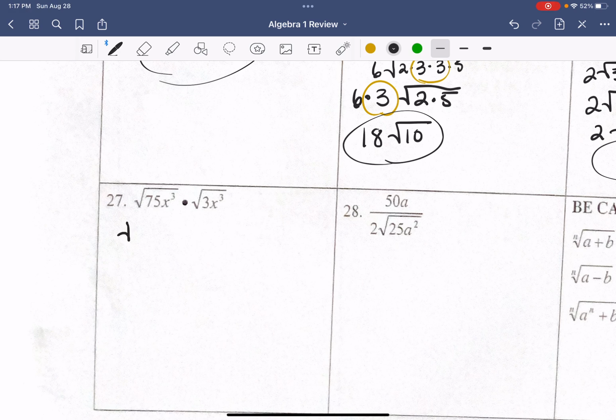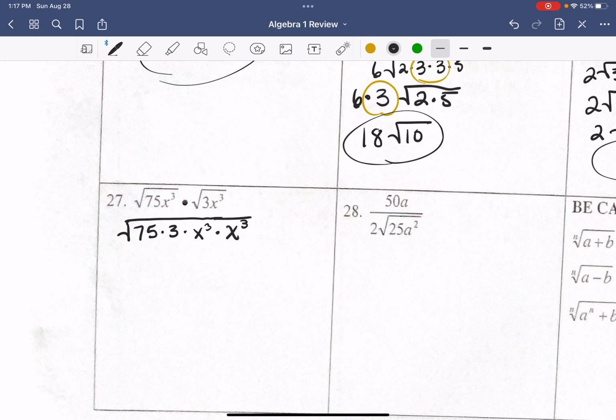So I'm going to combine everything under one roof, but what I'm not going to do is multiply the 75 times 3 because I'm trying to break this down into smaller pieces, and so that would be counterintuitive.